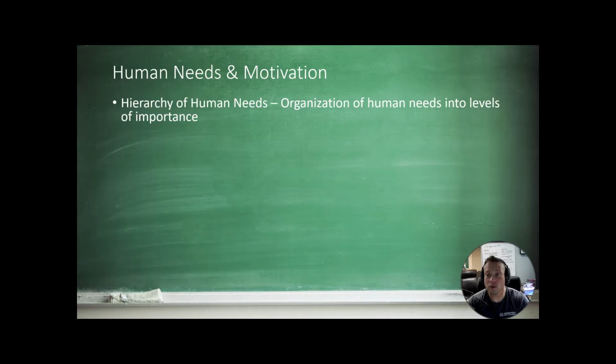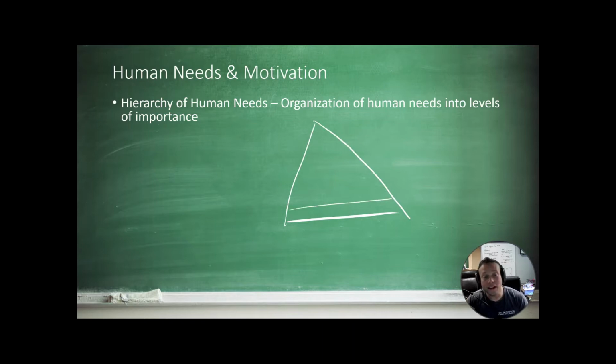Let's talk about the hierarchy of human needs. This is an organization of human needs into levels of importance, and it starts at the bottom with the most basic needs. We need physiological needs. This is going to be our food, water, the very basics of life, just to keep us alive. So that's physiological needs. Next is the security needs.